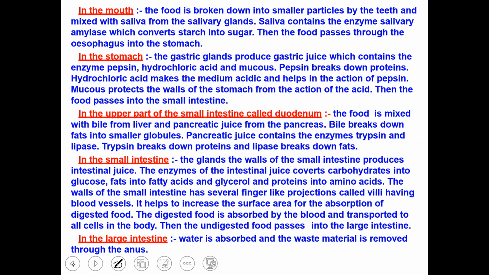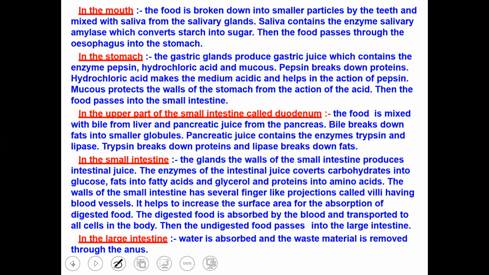Chymotrypsin is one of the enzymes present, which will also act on the proteins. So complete digestion takes place in small intestine. In large intestine, the water is reabsorbed, and the waste is moved to the rectum and then to the anus, from where it will be released.